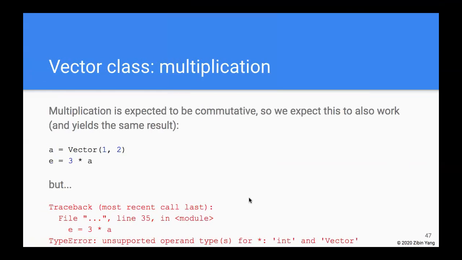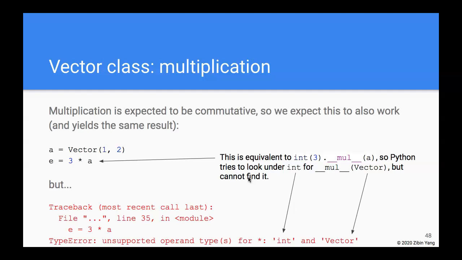So why is that? The reason is if we look at what kind of dunder method call this turns into, now 3 is an integer, so multiply means we call the int __mul__ method and pass the vector A as the parameter.